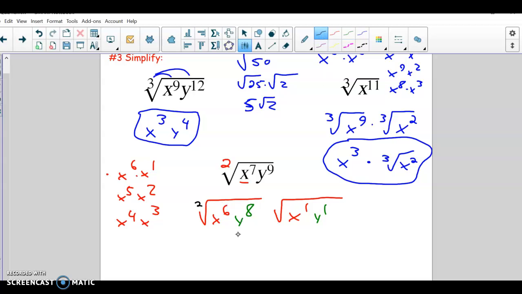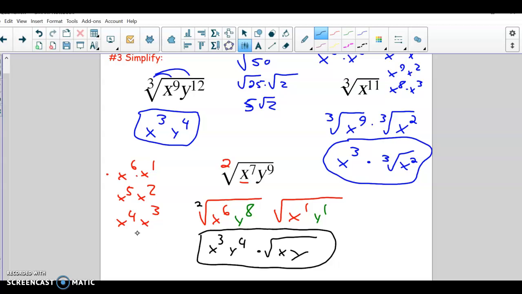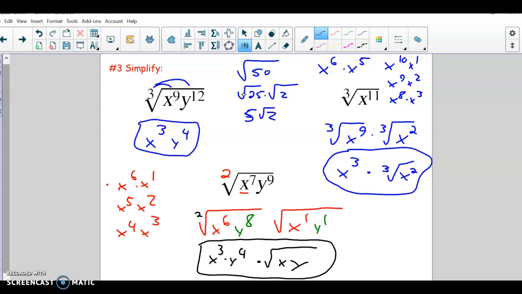Okay, and now the index divides out evenly, so we get x cubed and y to the 4th. And then our leftover x times y. All right, and that's the cleaned up part. We have the part that cleaned up and then the non-perfect part, just like we did back here with root 50. Right, I think trying to reference this is very helpful for these questions.